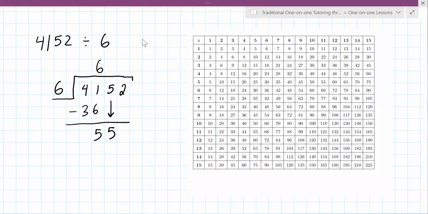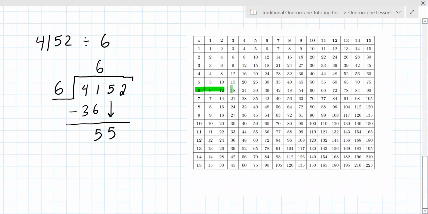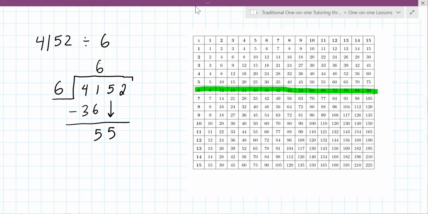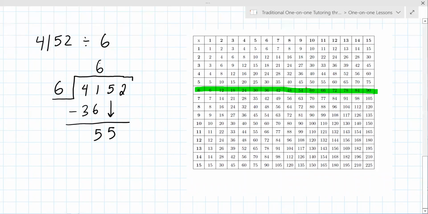If you see the row 6 here, 55 is between 54 and 60. Do you see that it's between those two? Oh yeah, I'm sorry, I circled the wrong ones again. I'm totally off today. So that means that you go down to the smaller one, which is 9.